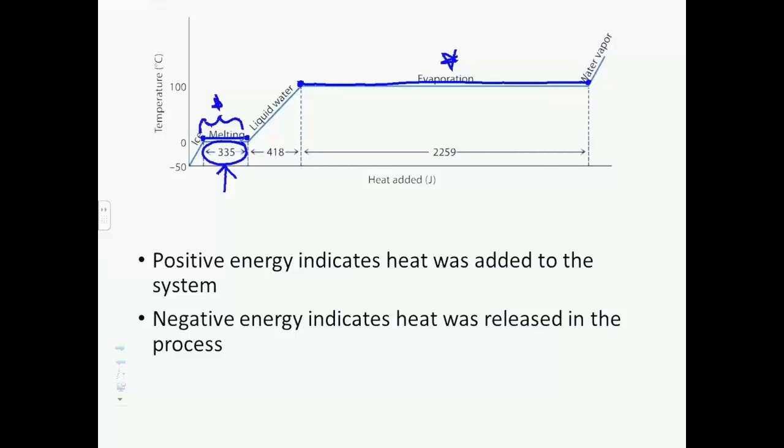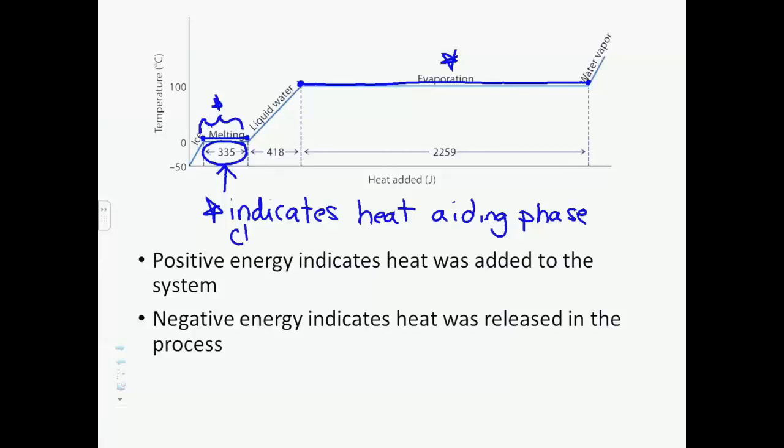So if the star indicates heat aiding transition or phase change, and not a change in temperature.